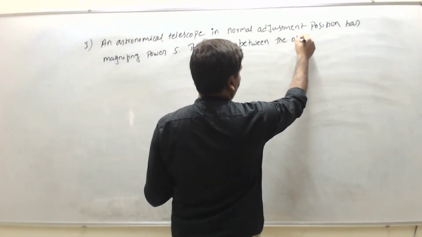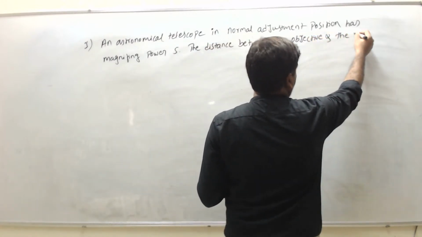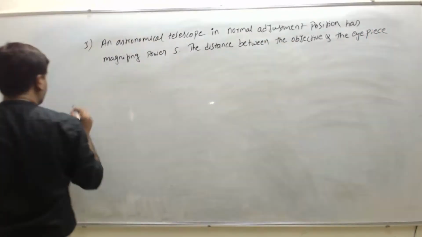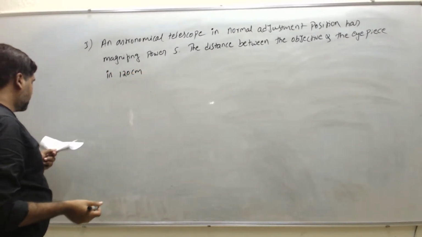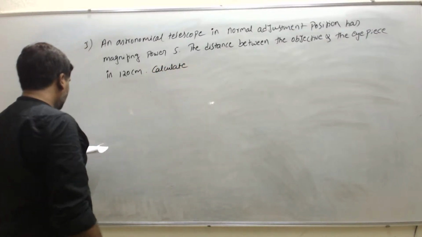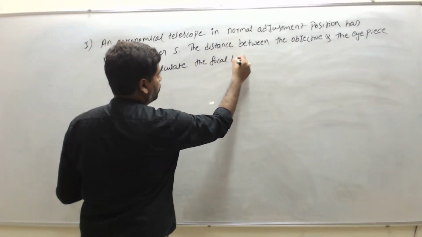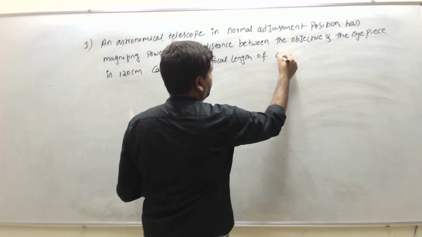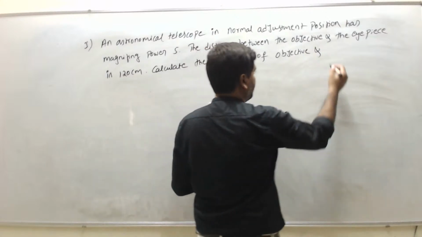The distance between the objective and the eyepiece is 120 centimeter. Calculate the focal length of the objective and the eyepiece.